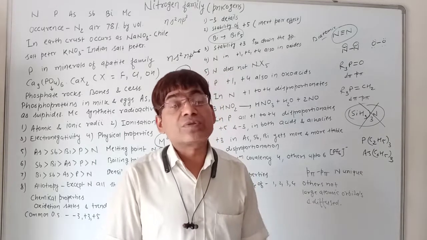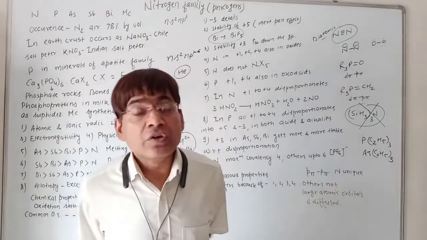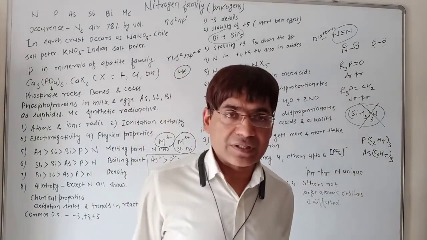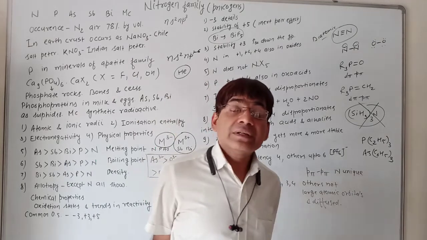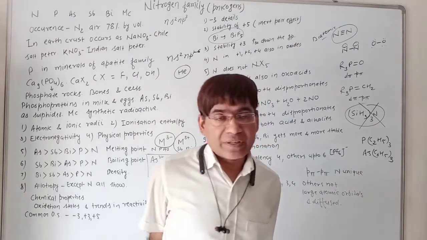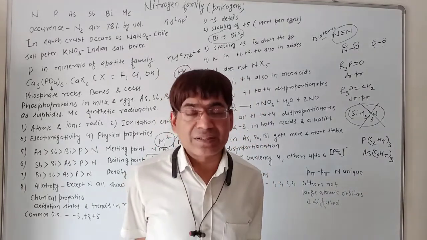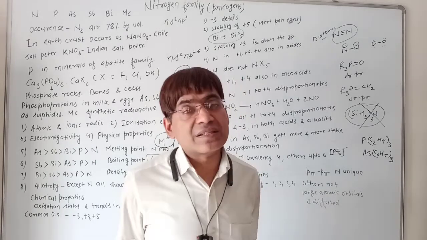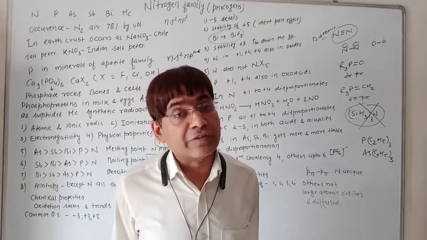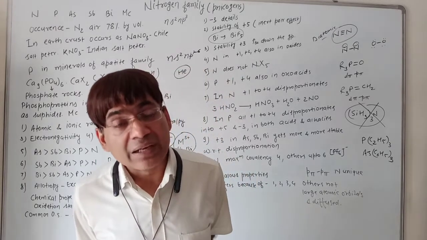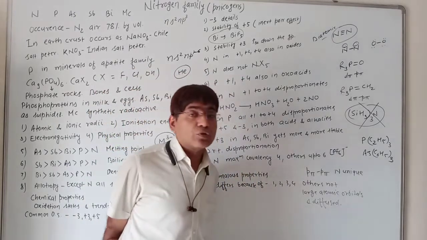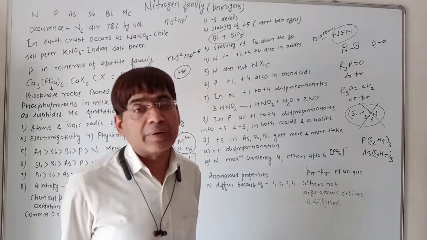So nitrogen can form p-pi bonds with itself or with carbon and oxygen, while the other group members are unable to form p-pi bonds, because they are larger in size, their atomic orbitals are large and diffused, and effective overlapping is not possible.